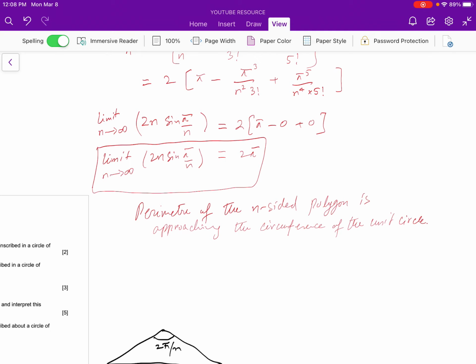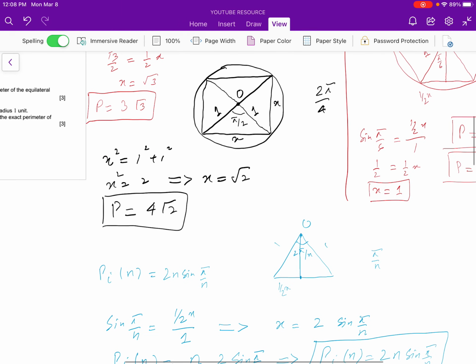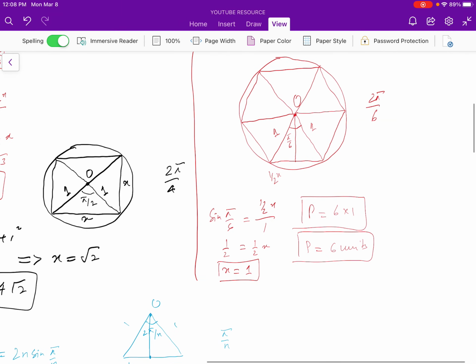So if we look at the diagram, the n-sided polygon or the hexagon, the perimeter of the n-sided polygon is approaching the circumference of the circle, but it's always less than the perimeter of the circle.